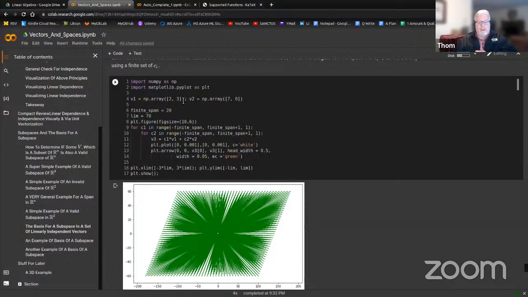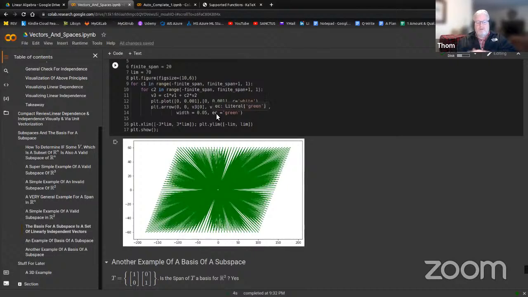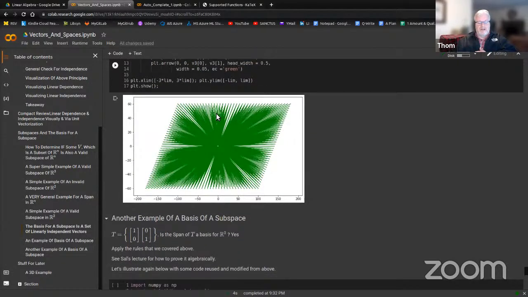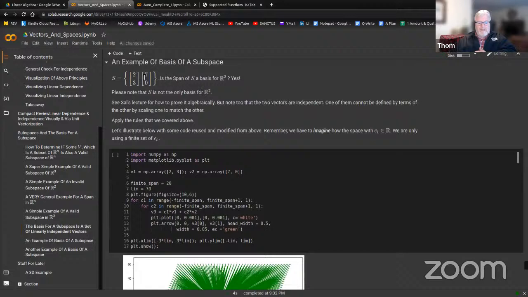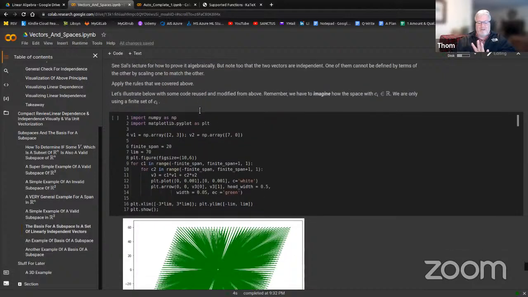In other words, the check where we said, let's turn these into unit vectors and make sure they're not equal to each other. So that's one way to make sure they're independent. So what I'm saying is these two vectors are a set that provides a basis to define every point in two-dimensional real space. That's all we're showing here.